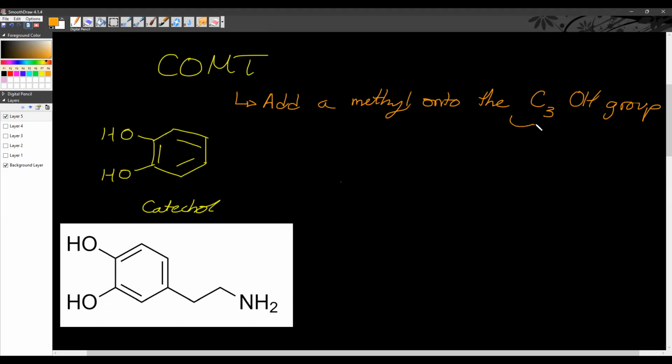Which one is the carbon 3 OH group? It is the non-para. The way that we number catechol is we put 1 at the group that's coming off of catechol, and we number around towards the first or the closest OH group.